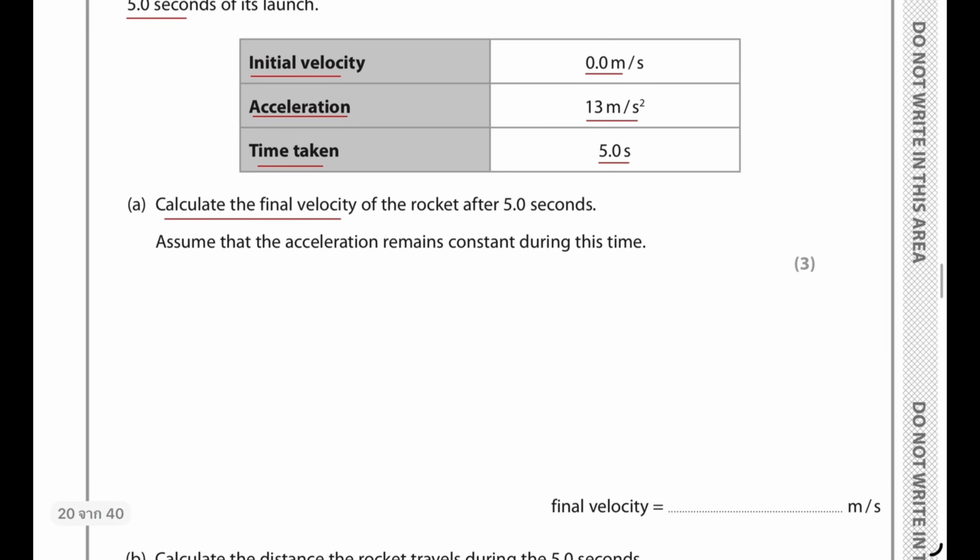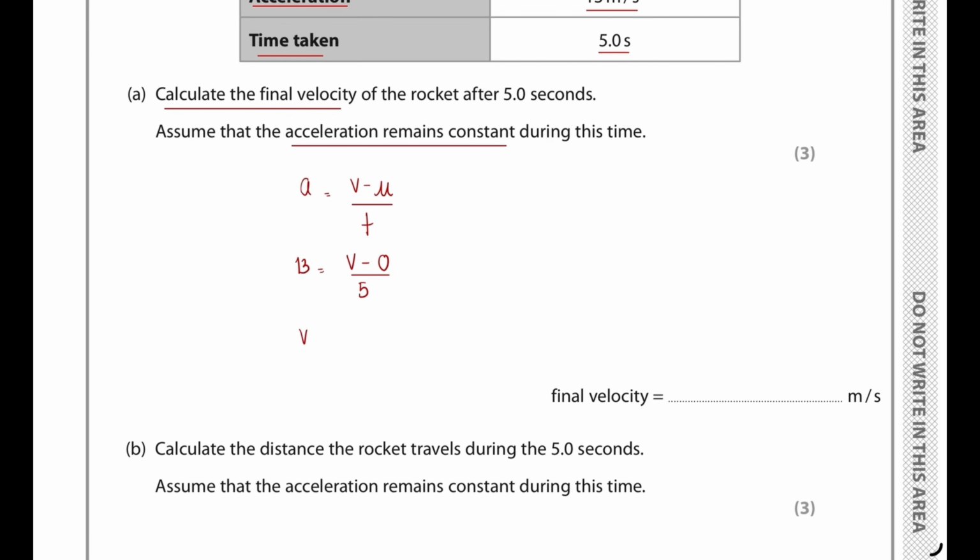Assume that the acceleration remains constant during this time. So the formula is a equals final velocity minus initial velocity divided by time. So we have acceleration, 13, equals final velocity minus initial velocity, which is 0, divided by 5. So final velocity equals 13 times 5, which is equal to 65 meters per second.